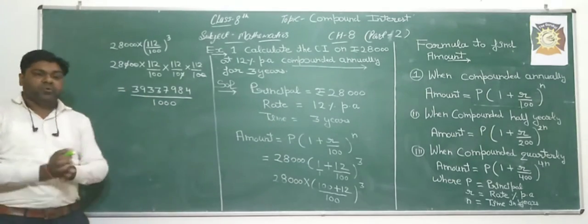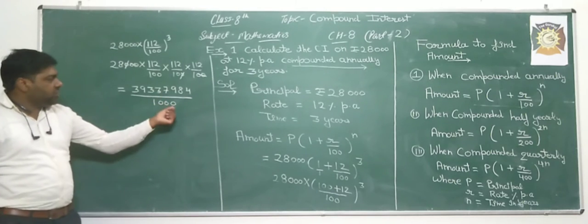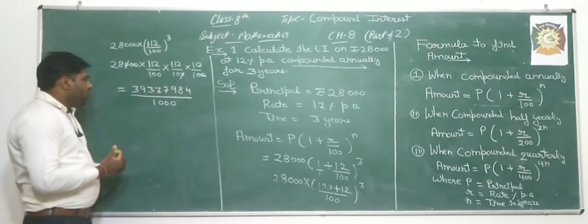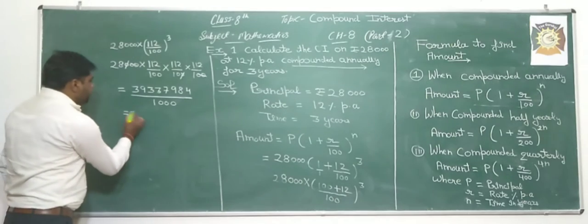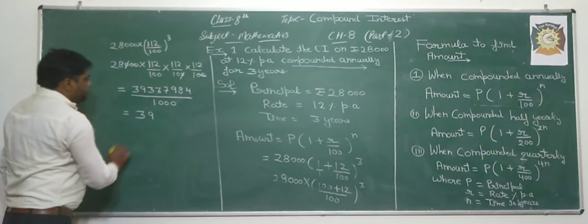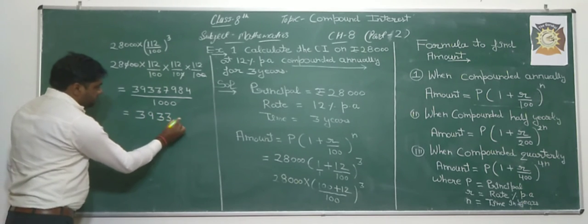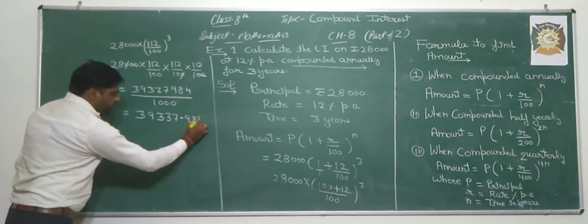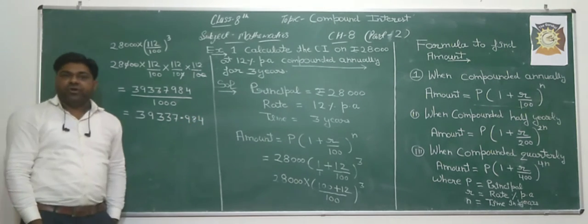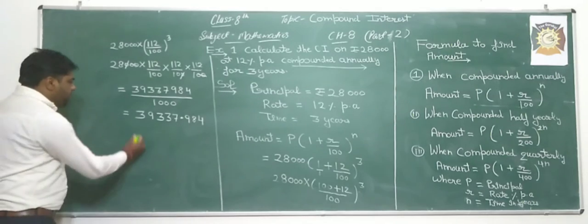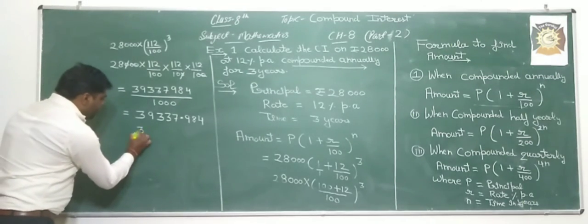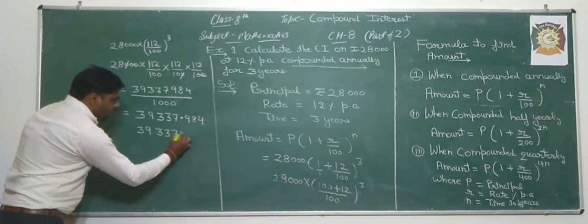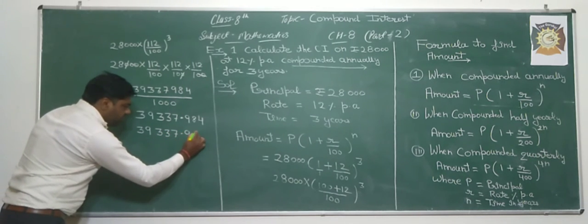That means we have to put the decimal point, counting 3 digits from the back side. So what we can say, this is 39,337.984. Because the third digit is 4, its approximate answer is 39,337 rupees and 98 paise.